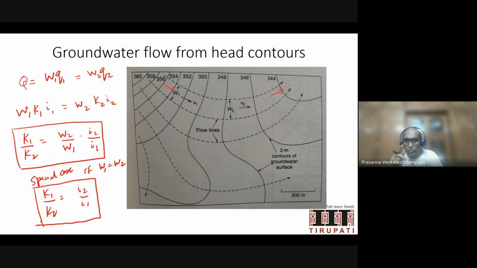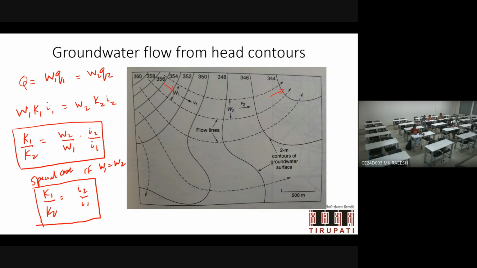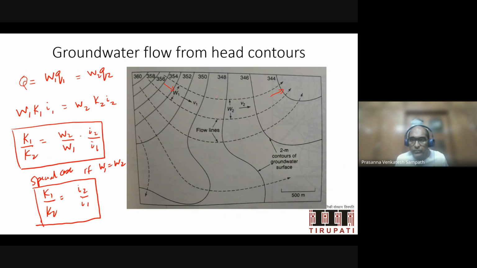So I2 is 2 meters divided by the distance between the contours, and I1 is also 2 meters divided by the distance between the contours. Which one is larger, I2 or I1? For I2, the denominator is larger. For I1, compared to I2, the denominator is smaller. The numerator is 2 meters in both cases.